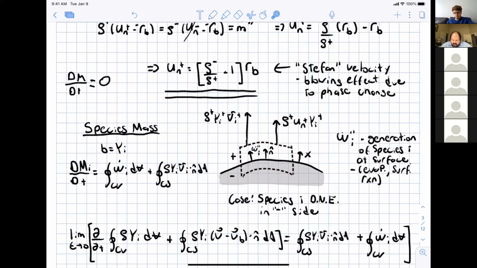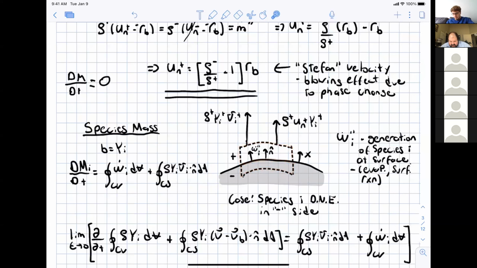So if you're dealing with a gas phase species, a common way to do this is to only worry about the gas phase side of the control volume. You can still consider both sides, but in effect, you are really only caring about what's going on on the gas phase side.